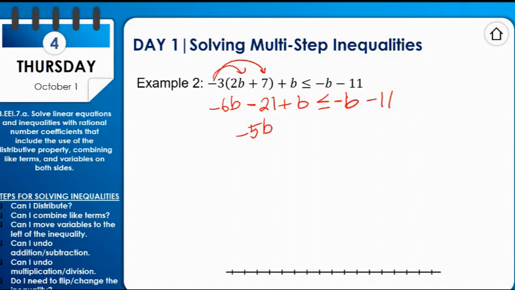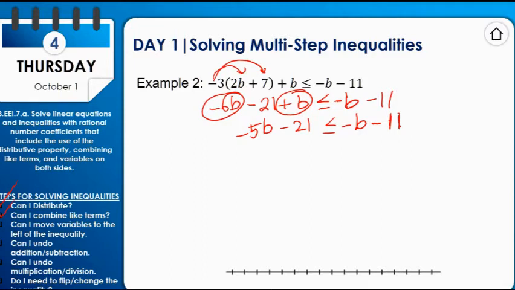-6b plus b is -5b. Bring down my -21 and my inequality, -b minus 11. So now I was able to distribute.